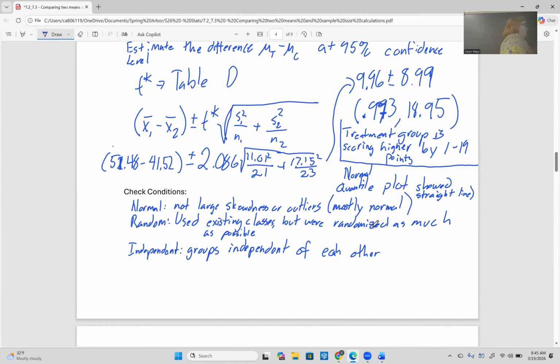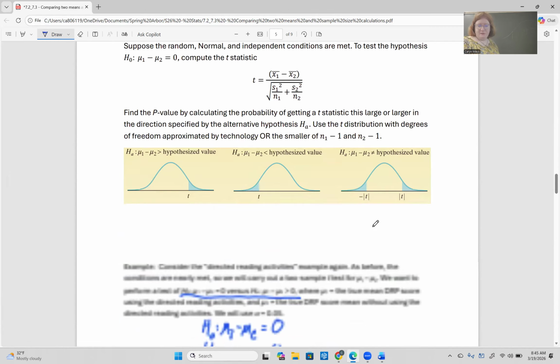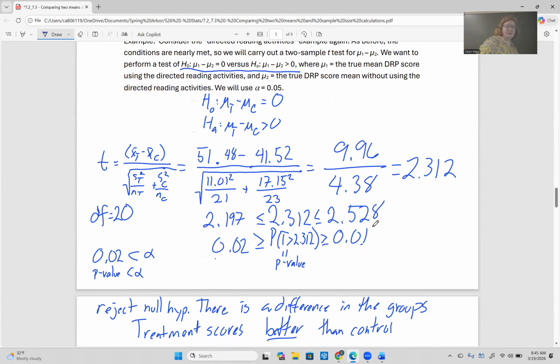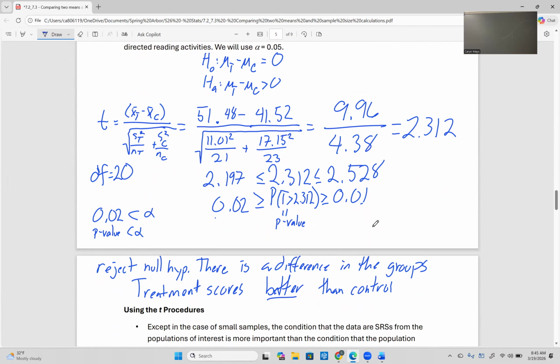I'd love scores to improve by 1 point, but I'd much prefer them to improve by 19 if I was teaching these sections. But rejecting the null hypothesis tells us there is a statistical significance. The confidence interval kind of helps us to determine if that's practically significant or not.